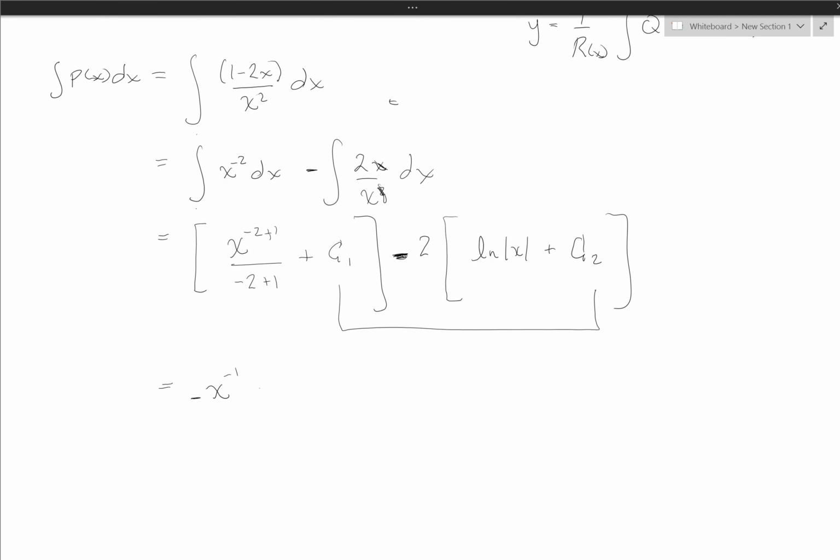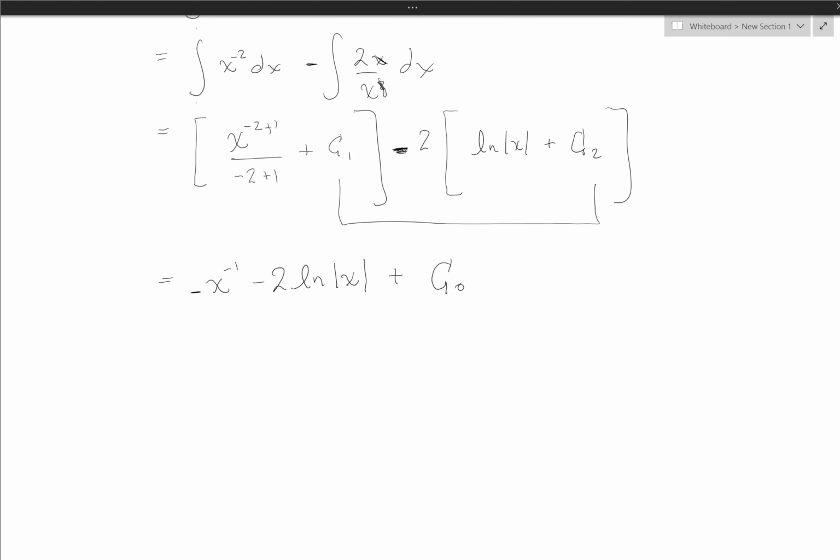And minus 2 ln x plus, now I'm going to just group everything into a single constant like this. Okay, so that's that. Let me just simplify this a little bit more. It was negative x to the negative 1 plus ln of x to the negative 2.